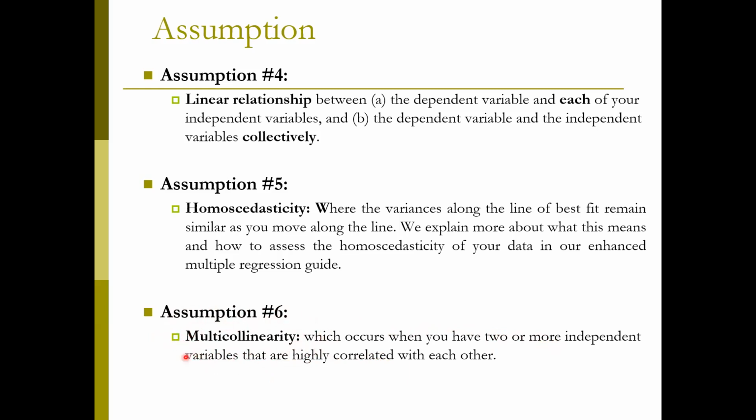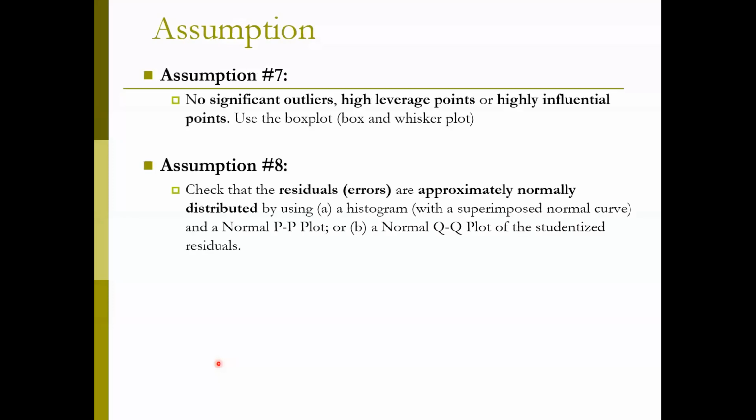Number seven, there must not be significant outliers. Remember, if there is an outlier, your p-value will be inaccurate, and this will negatively influence any policy that is being made out of your results.